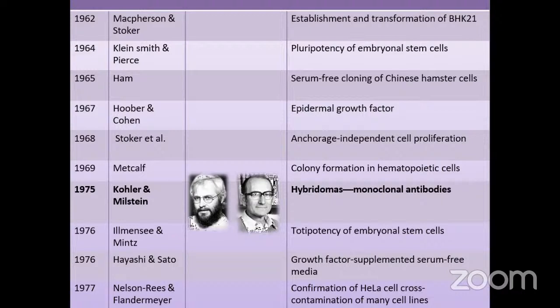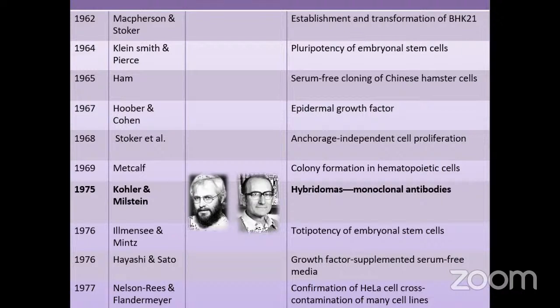In 1969, Metcalf worked on the colony formation assay in hematopoietic cells. In 1975, Kohler and Milstein, they are very important, generated monoclonal antibodies by the hybridoma technique. Then in 1976, Illmensee and Mintz studied totipotency of embryonal stem cells.